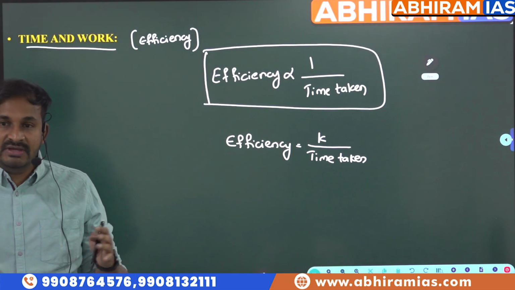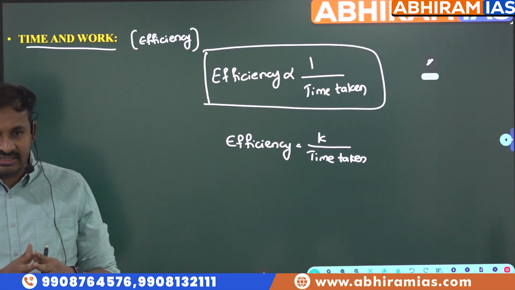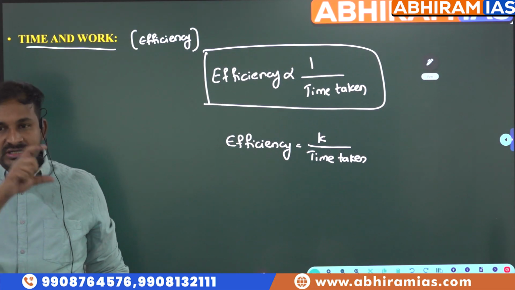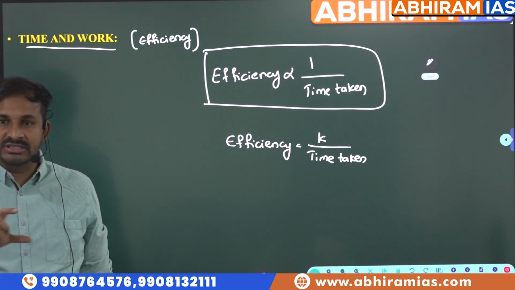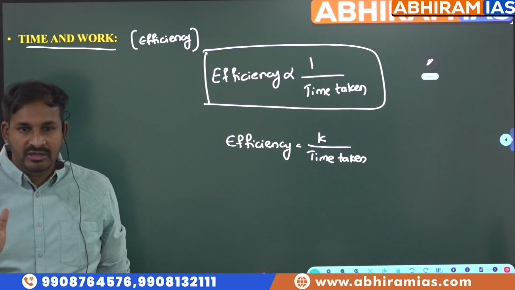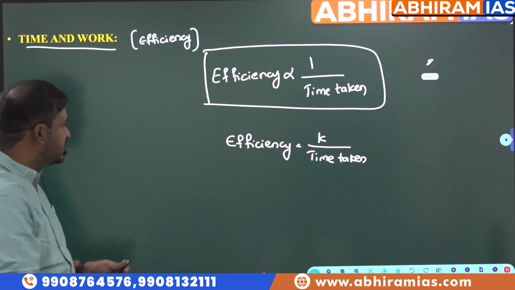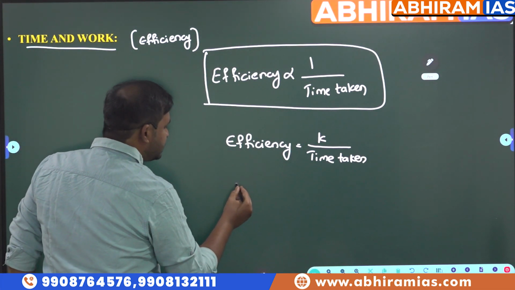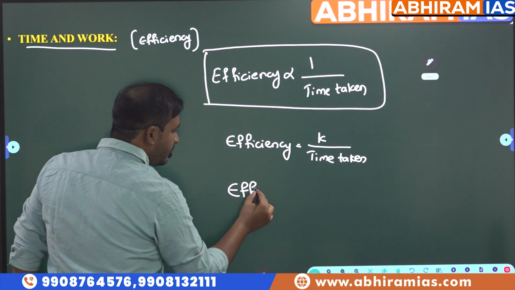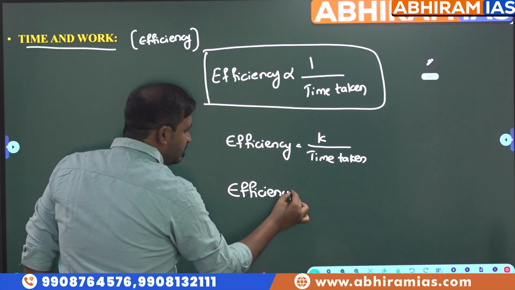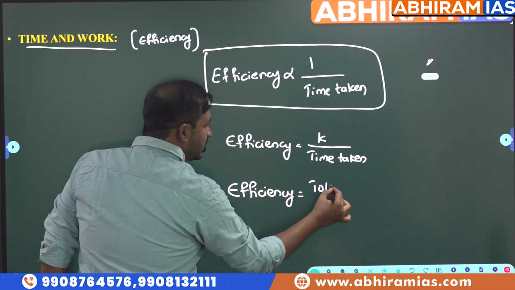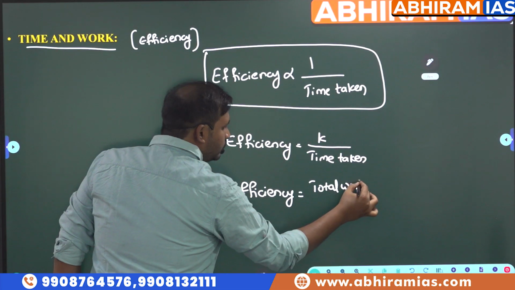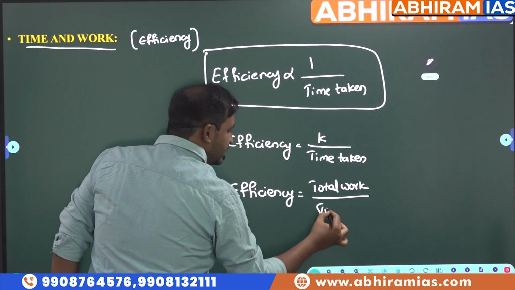That means when we are comparing 2 persons' efficiency and the time taken by them, what is the constant in this whole process? Total work is constant for them. So what we can write here is efficiency is equal to total work by time taken.